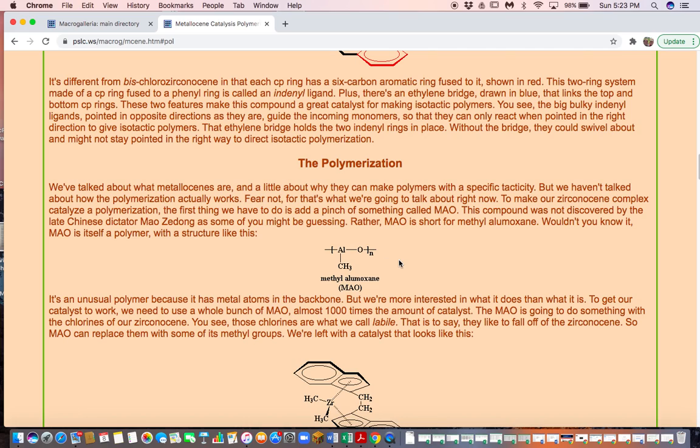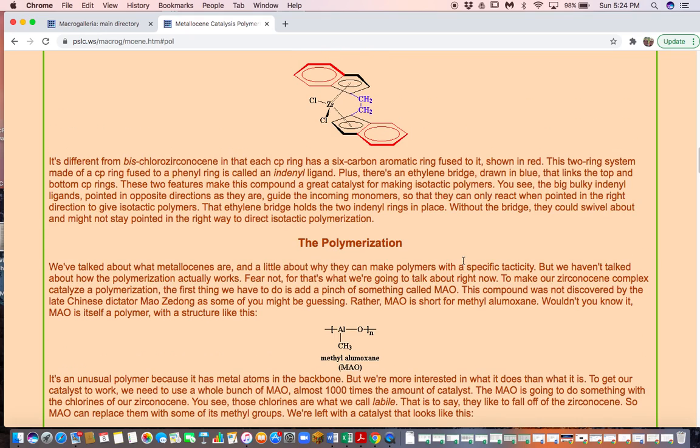And these methyl groups are going to be the really important part here, because the Cls that we originally have on our zirconium are not very stable. They're what we call labile. Labile means they have a tendency to fall off that zirconium.